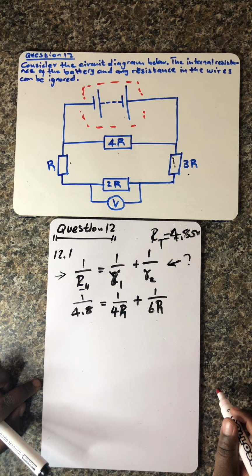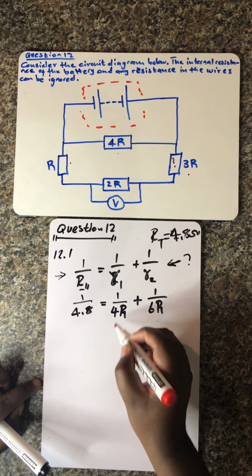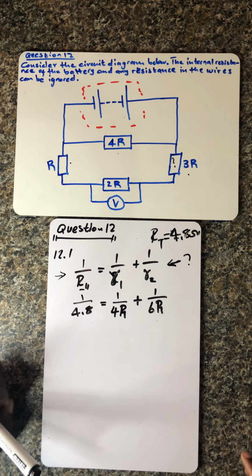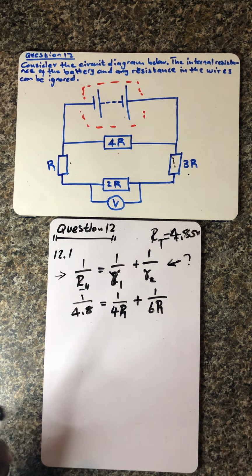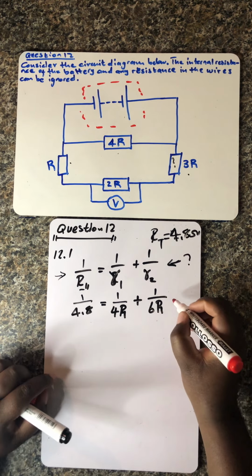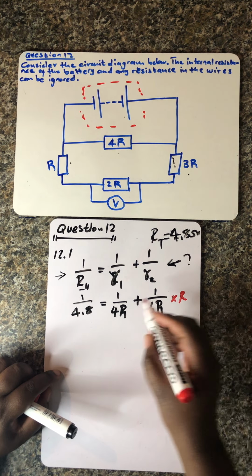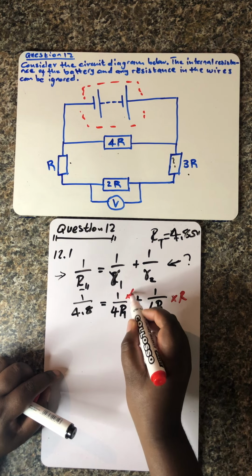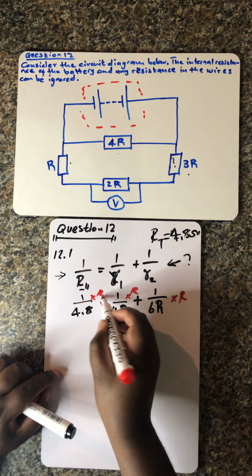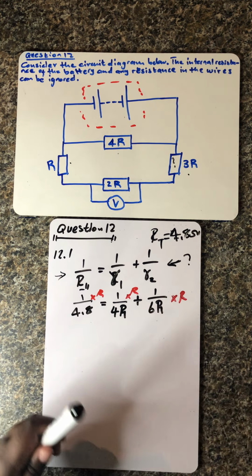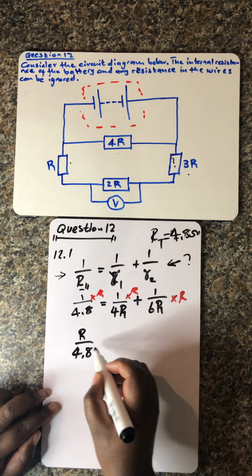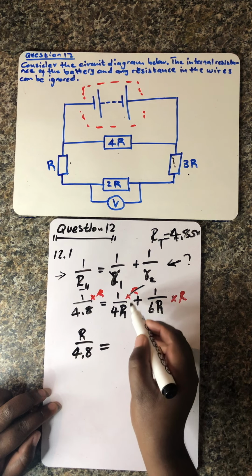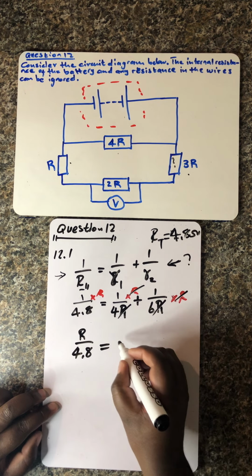Why do we multiply it by R? It's because we just want to remove that R at the bottom. You know what you do on the right, you do on the left. So that means we multiply by R, we also multiply this by R, we also multiply that by R. So you've got R over 4.8 on this side, so that R is going to cancel, that R is going to cancel.